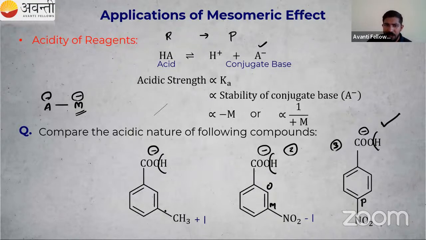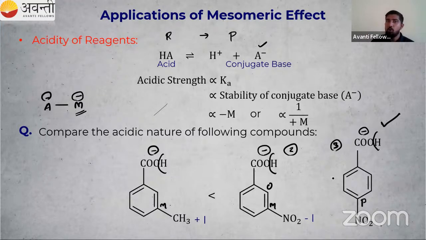Then the second one. Then here we have CH3 at the meta position. At meta, there is no mesomeric effect, only the inductive effect is present. CH3 is a good guy, it is giving electron. Giving electron means the COO minus negative charge is getting more electron, so the negative charge increases and stability decreases. So what is the stability order? The third one is more stable, then the second one, then our first one has the least.